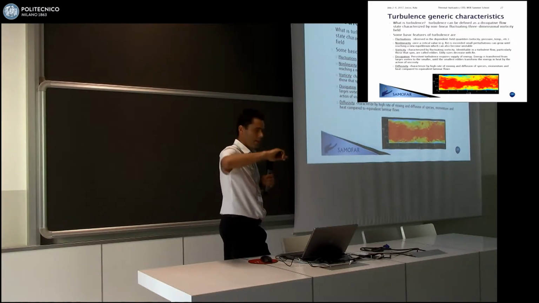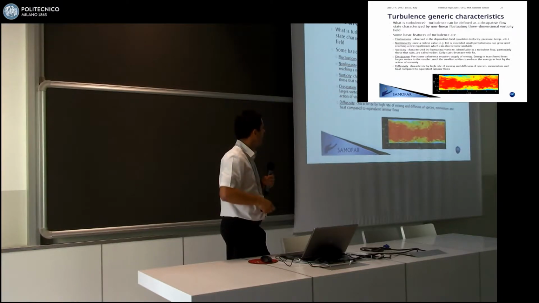Vorticity is something that will tell you about the rotation of the fluid about some point. Vorticity is very important in turbulent flow, and you will have eddies, so structures that are rotating that will develop in the flow. We don't see very well here, but it is shown in this graph. You will have dissipation.